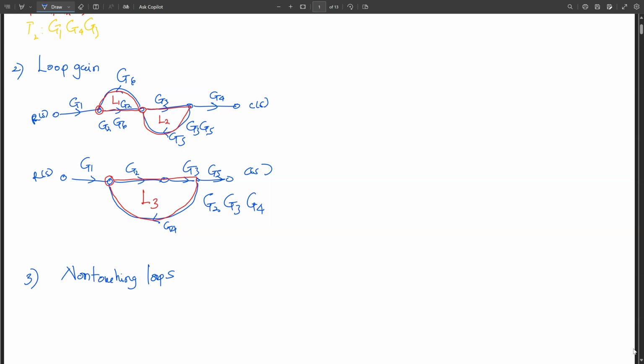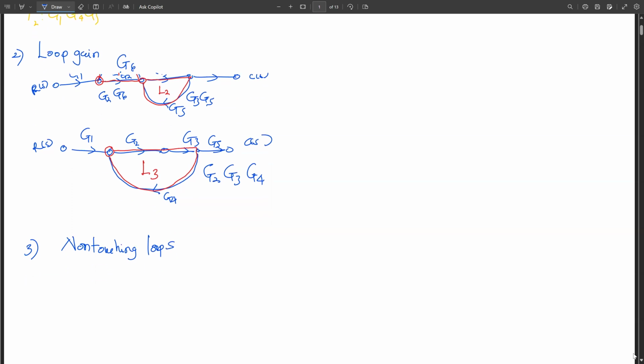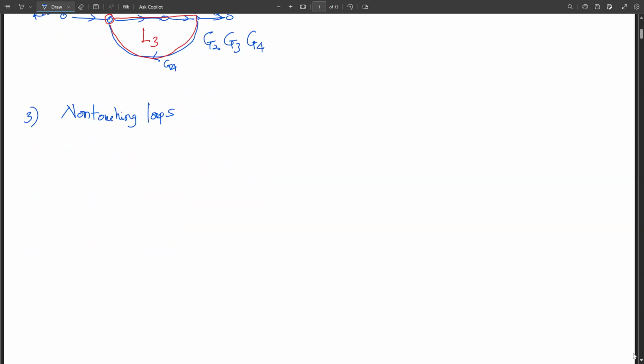Non-touching loops are simply loops that do not have any nodes in common.